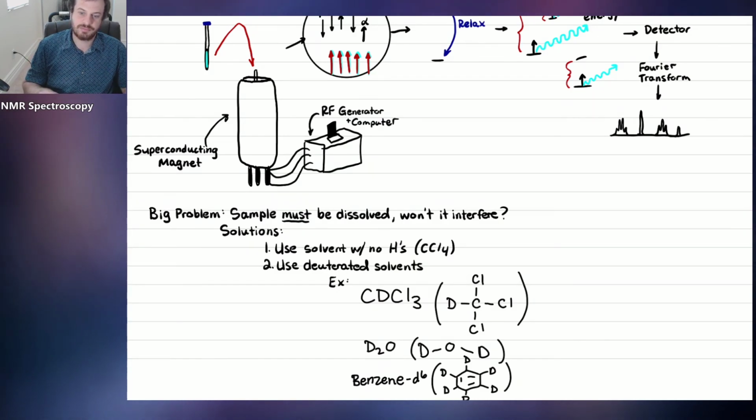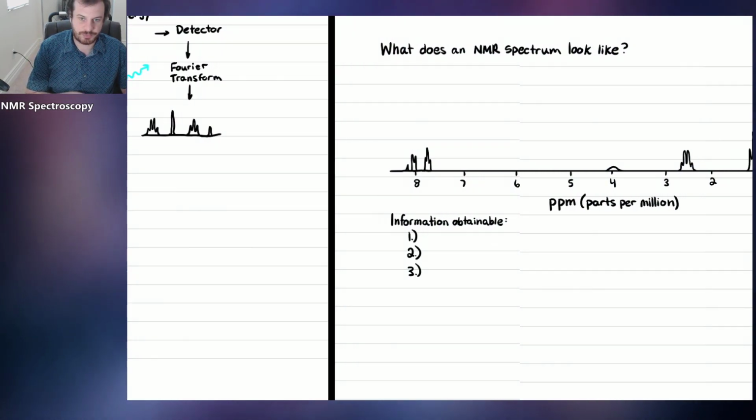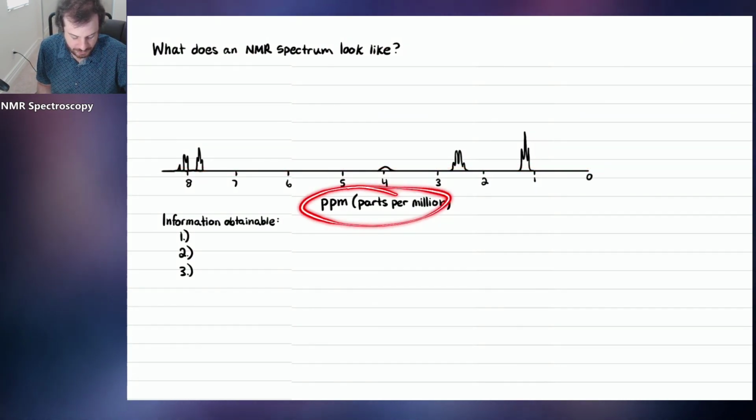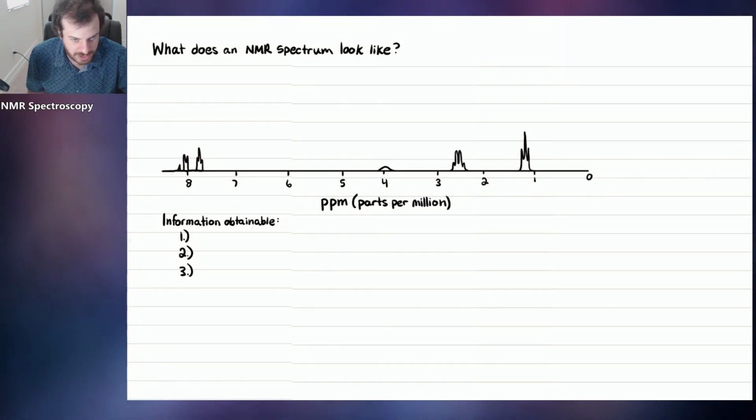Okay, now, looking on to the next page here. What does an NMR spectrum actually look like? This is what it looks like. The NMR spectrum has an x-axis, and the units of the x-axis are in ppm, parts per million. Don't worry too much about what that means. Just know that the units are nice, they're easy, they're 0, 1, 2, 3, 4, 5, 6, and so forth.